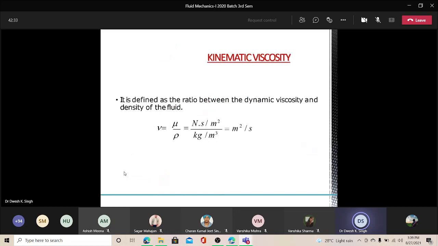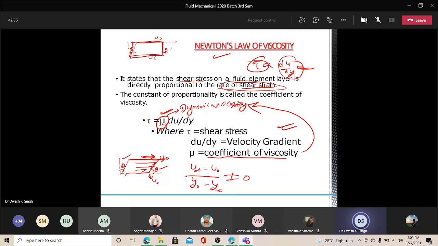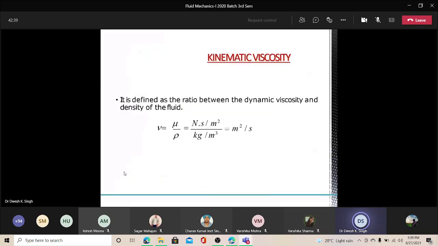Now, as I told you, there are two viscosities. This is your dynamic viscosity, and then comes the kinematic viscosity, which is defined as the ratio of dynamic viscosity to density.